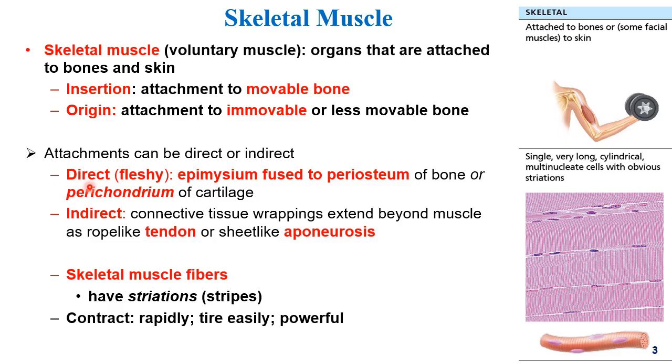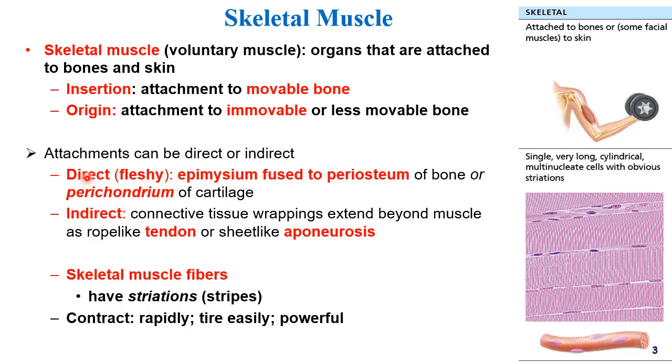Okay. So how is it that you are going to connect muscles to mainly bones, right, in order for something to move? You have 2 ways of connecting the muscles to the bones. One way is a direct connection, which is not as common as the other way, which is the indirect connection. Okay.